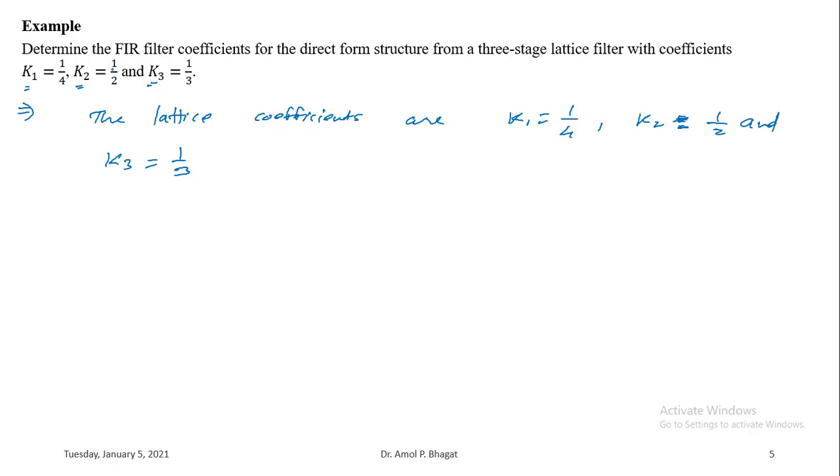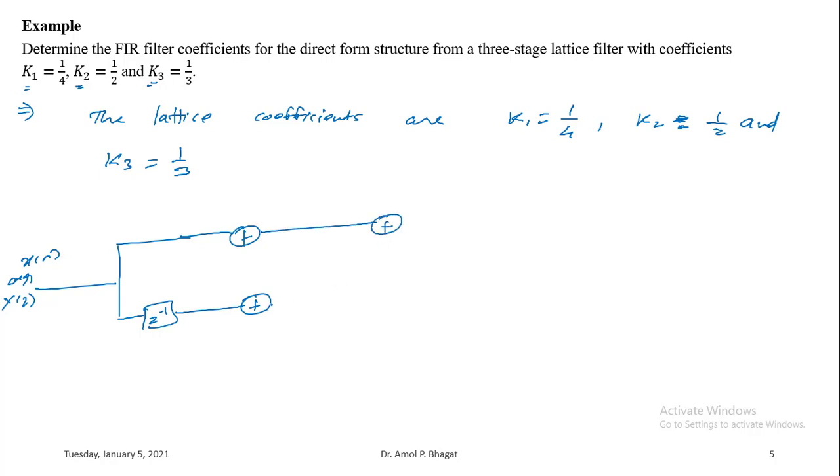In the solution there is no need to obtain the lattice structure, but only for your understanding I am just drawing here the lattice structure. So input will be x of n or x of z, you can indicate, right? So here you have delay element, then you have adder in first stage again, and adder, then delay element, and again adder will be there.